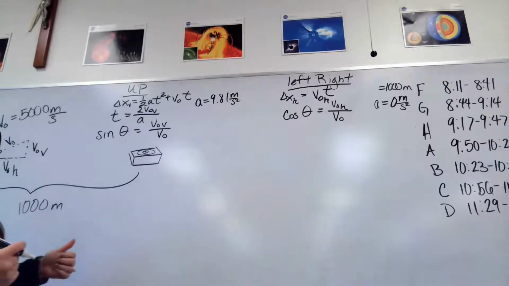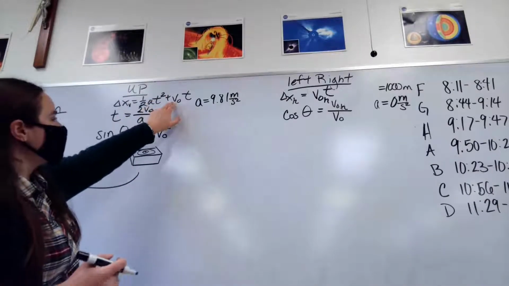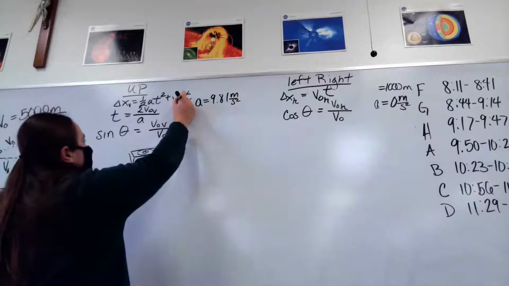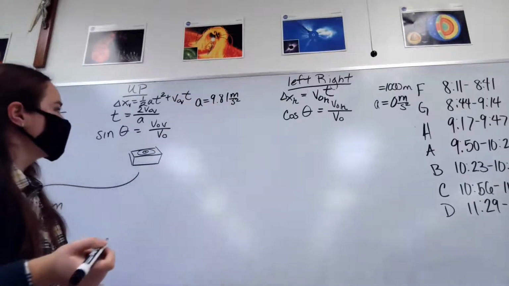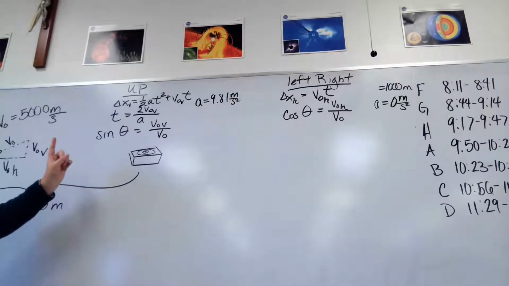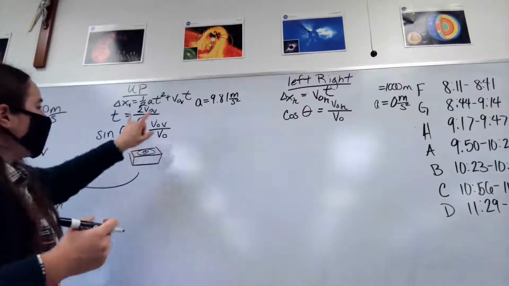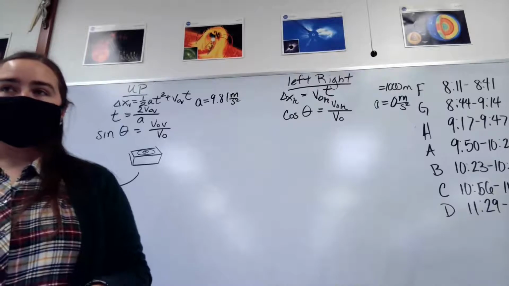Okay. Our velocities should have these V's and H's as well, because our horizontal velocity, even though it's our initial velocity, is different than our vertical velocity. Okay? Good?